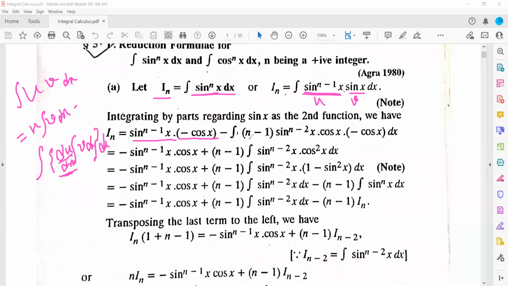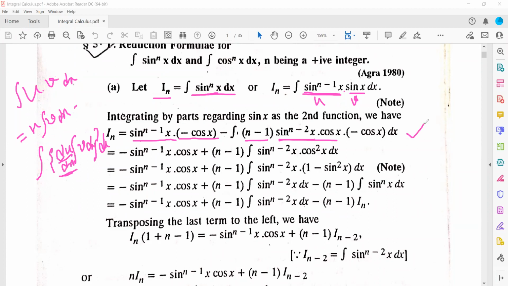So that is n minus 1 sin to the power n minus 2 x. Then the differentiation of sin x is cos x. This is simple differentiation; I think you know that. Then the integration of v dx, that is integration of sin x, is minus cos x dx. Is this line clear?